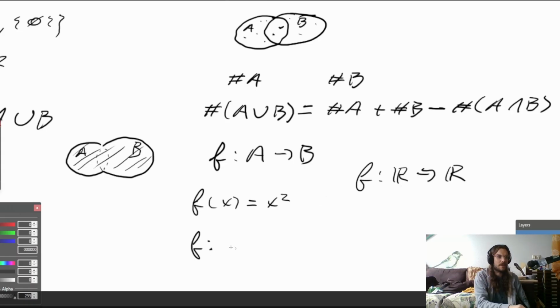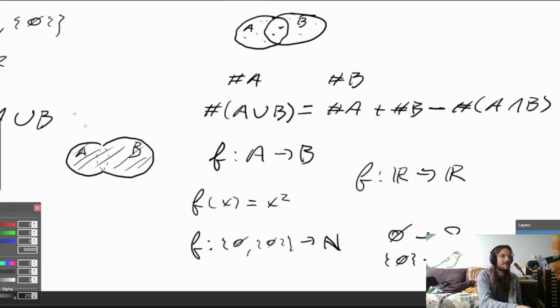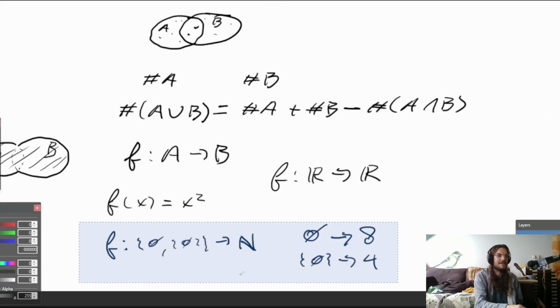But we can also make a function that goes from this set to, let's say, the natural numbers, and it maps this thing to the number 8, and it maps this thing to the number 4. Why not? You can define all kinds of functions. This is just to indicate that you can make any stupid function that you can think of.